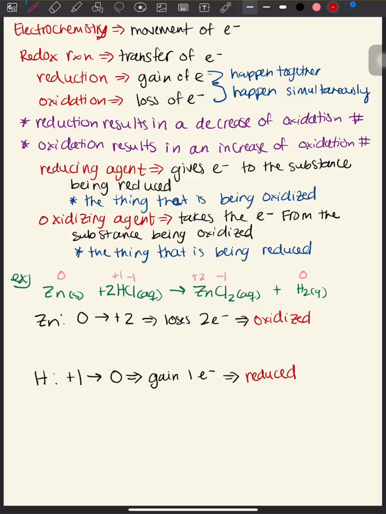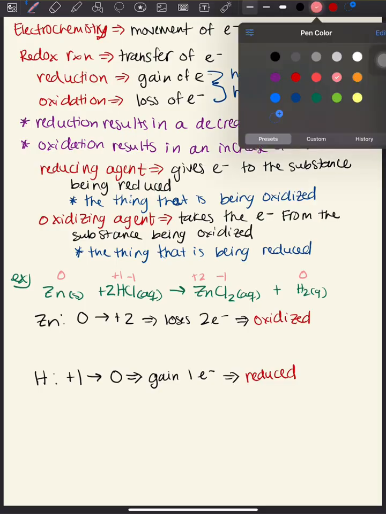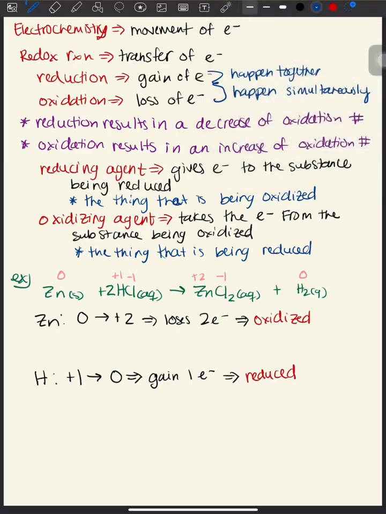So now we can look at the agents. If zinc is being oxidized, that means that zinc is the reducing agent. When zinc is oxidized, it loses an electron, and that causes the hydrogen to be reduced because hydrogen will take that electron.